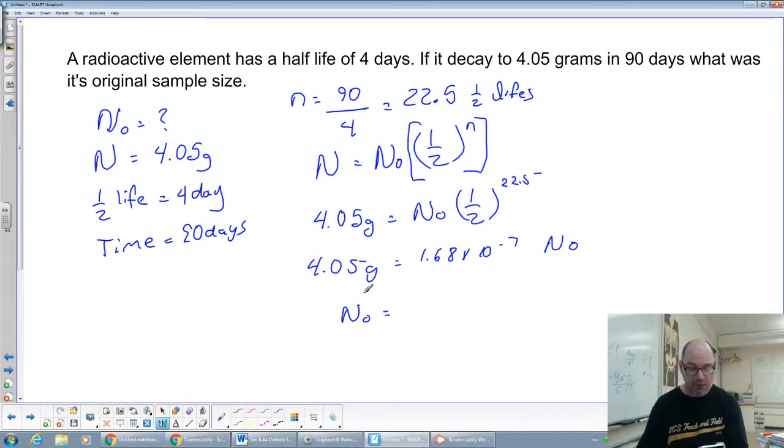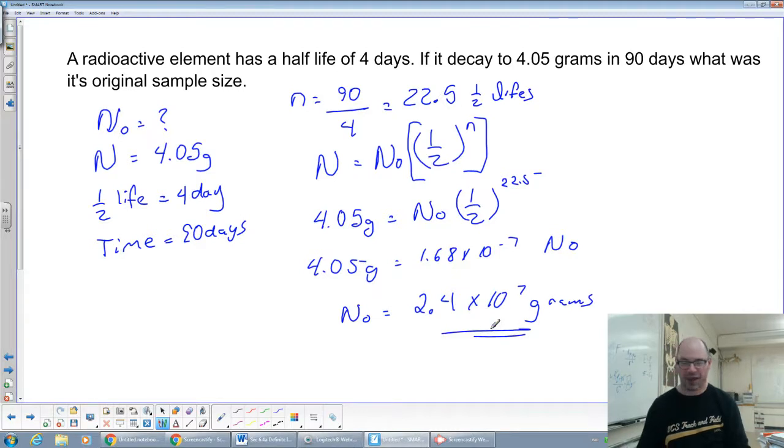So we end up getting 24 million. Let's go two significant figures: 2.4 times 10 to the 7 grams. So a pretty big sample in that question.